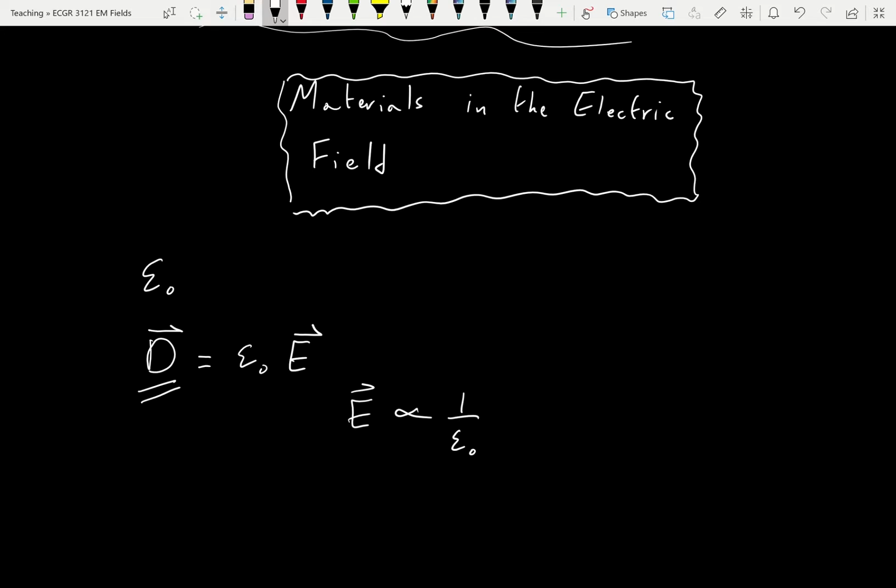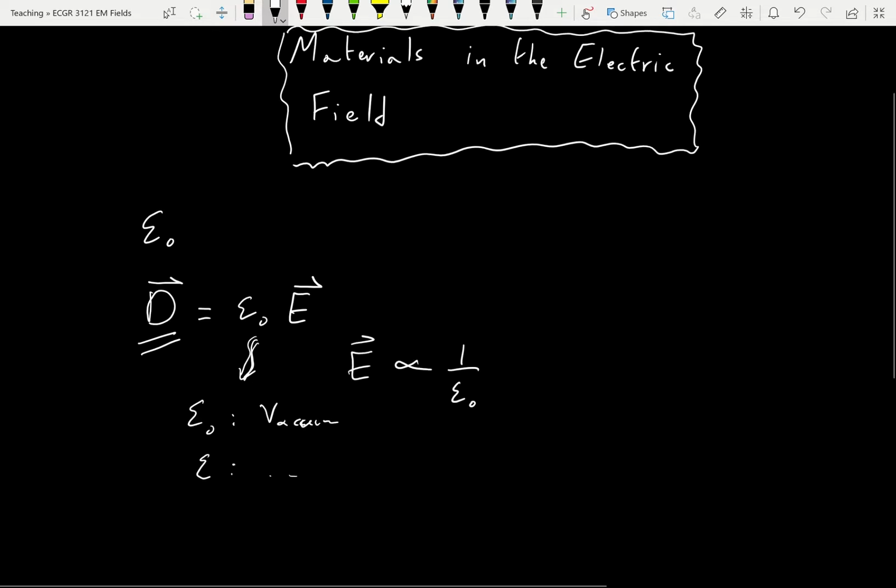The idea here is that we can use this constant to describe properties of different materials. So different materials at the macro level will have different values for epsilon. For example, epsilon naught is for vacuum, right? And then you might have some other epsilon for some other kind of material, which we will talk about soon.